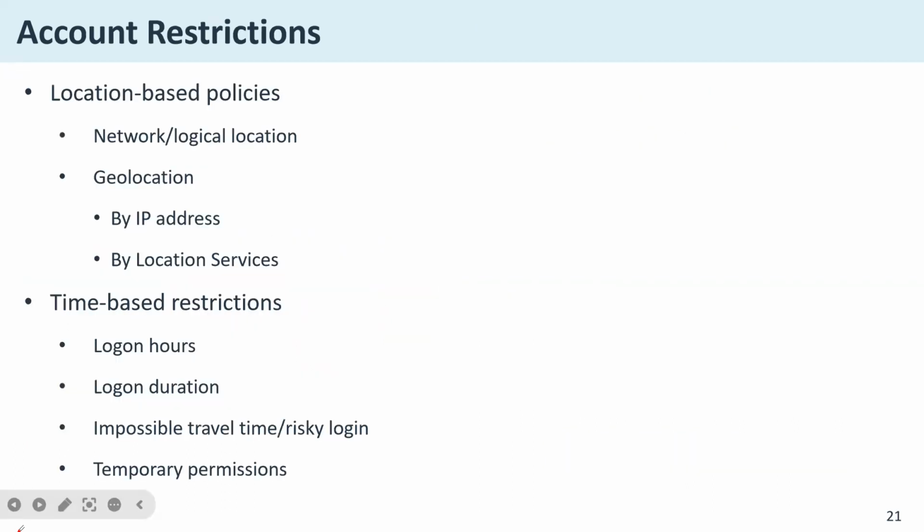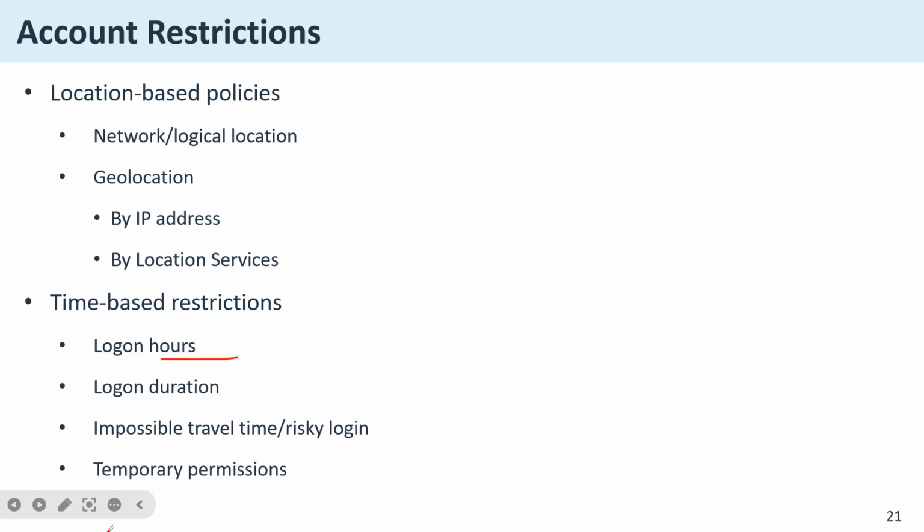Now, account restrictions. Account restriction is a way to do IAM, identity and access management. You say, okay, we will grant you access based on network, based on geolocation, based on the time of the day. In some systems, you can say, okay, you can only have access within work hours, right? You could provision that with some software or hardware.